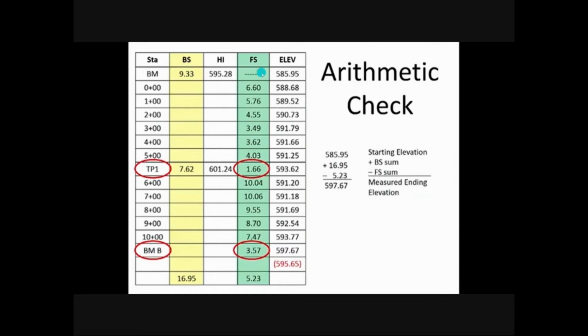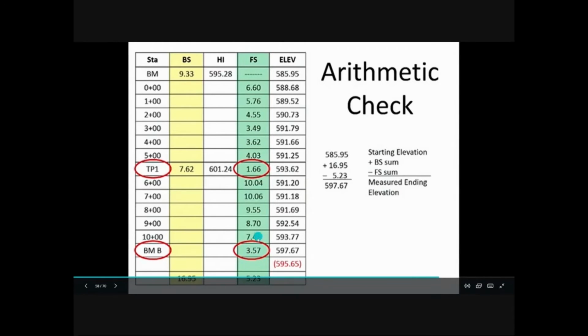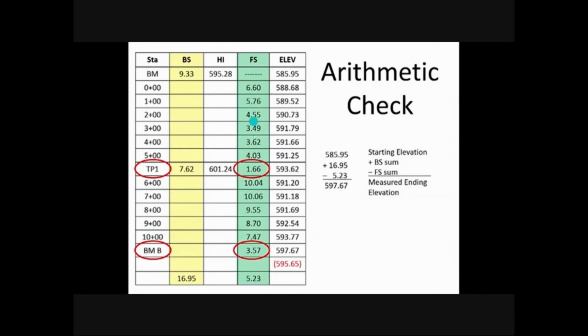Now, second, we have to get the foresight value. We only need to get the values that we are interested in, because these are the things we measured.